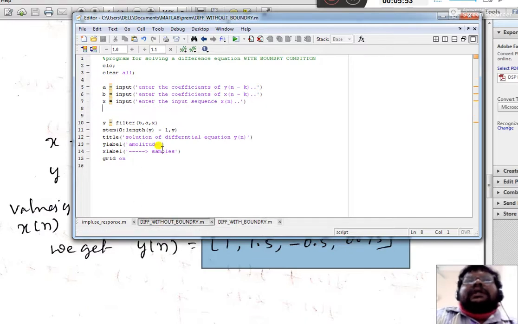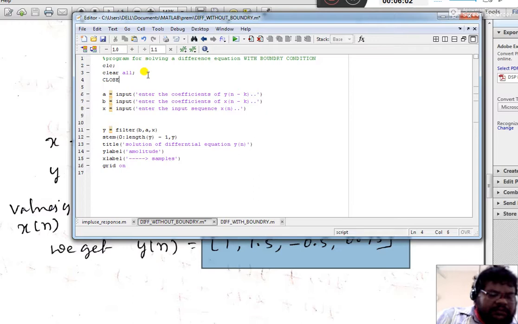This is the code already written. This is a program for solving the differential equation without boundary condition.